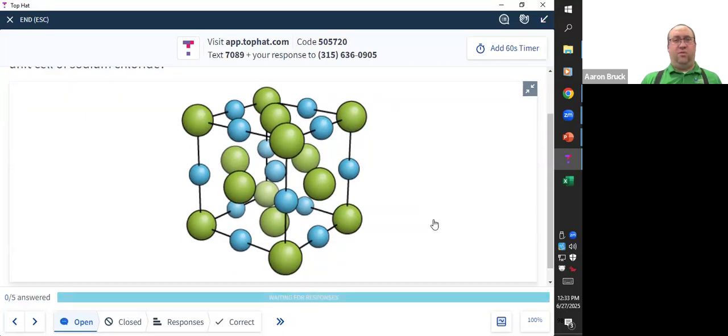So here's what I want you to do. Let's look at the chloride first. What kind of structure are the chlorides forming here? Is it simple, body-centered, or face-centered?